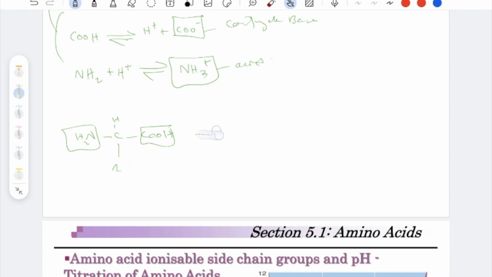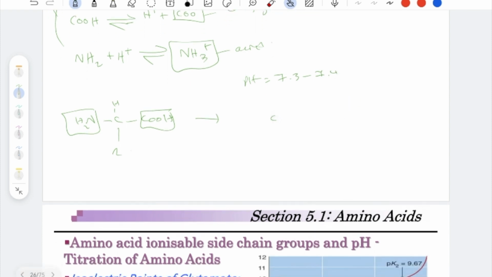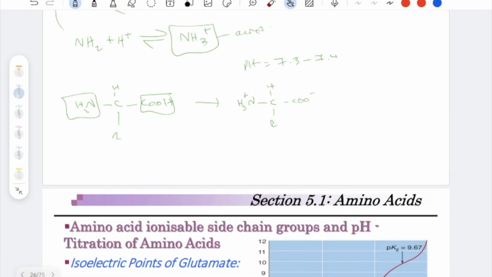Now, at physiological pH, which is between 7.3 and 7.4, double check on that, but it's in that range, we have the carboxylic acid in its conjugate base form, COO minus, and the amine group in its conjugate acid. Now you see that we have one positive charge and one negative charge, so overall we have a zero net charge. This is what we call a Zwitter ion.